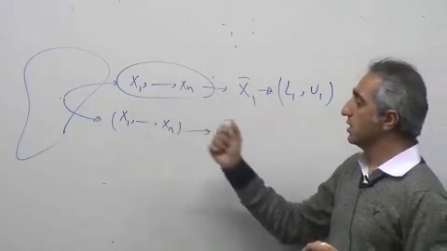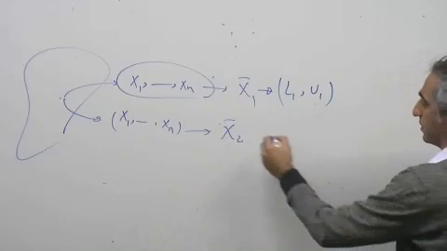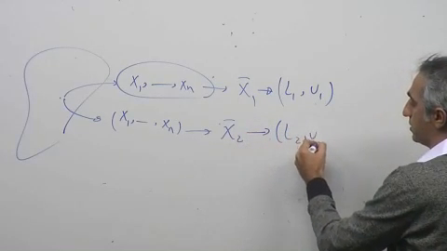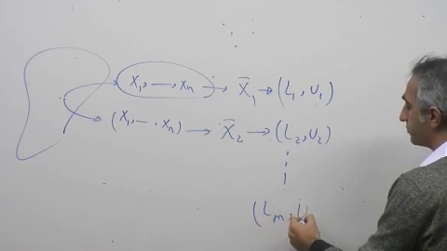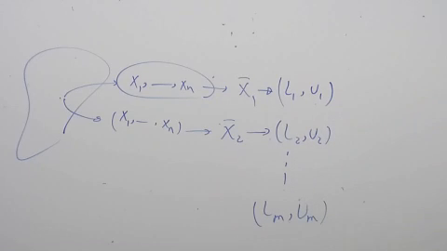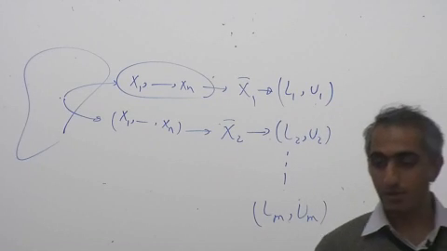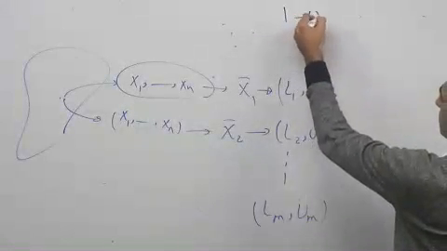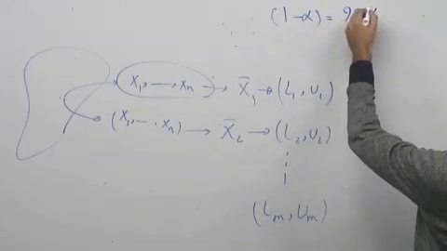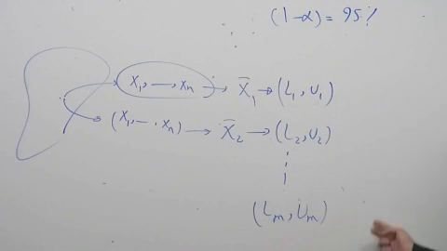So x bars are different, therefore your confidence intervals would be different. And if I do it many times, then some of these confidence intervals include the actual mu. Some of them, as you can see, don't. So let's say the confidence level is 95%. On average, I would say 95% of those confidence intervals include the actual value of mu. That's the interpretation of the confidence interval.